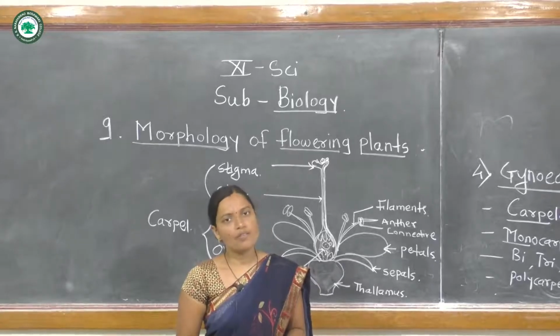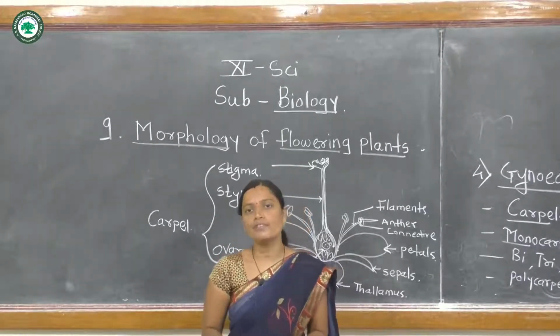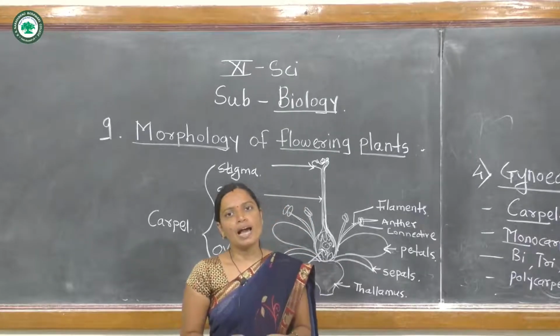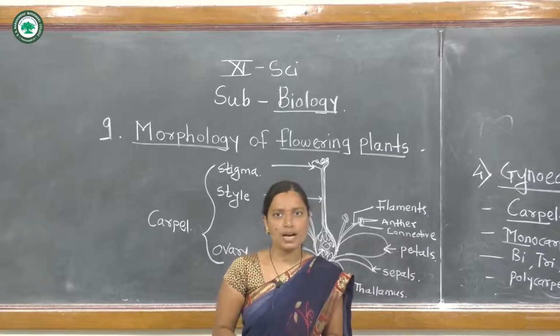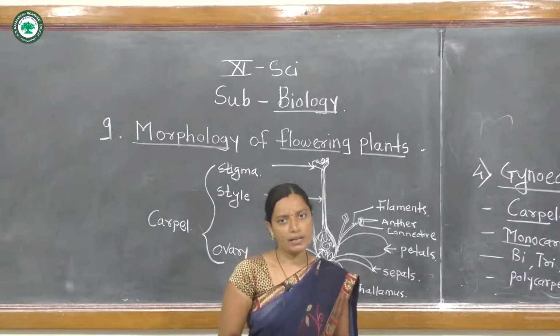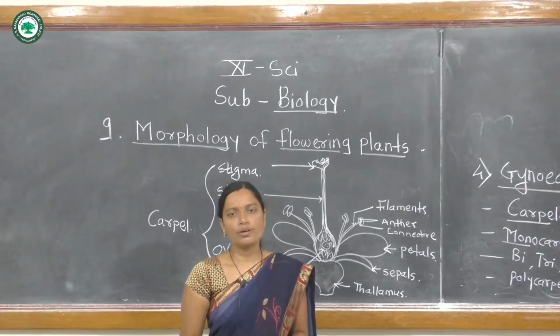And the next part is the androecium, the male reproductive whorl of the flower. The fourth part is the gynoecium, individually called the carpel, the female reproductive whorl of the flower. Now stop here.